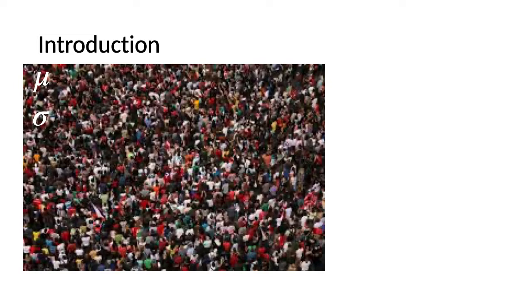Now in practice, we don't know this true mean and we don't know this true standard deviation of the population. When we move further in the course, we will talk about estimation, and we will try to get a hold of the mean of the distribution.